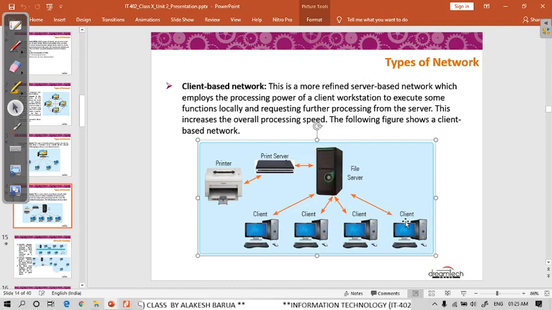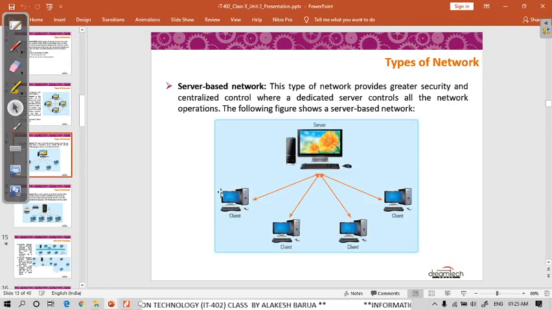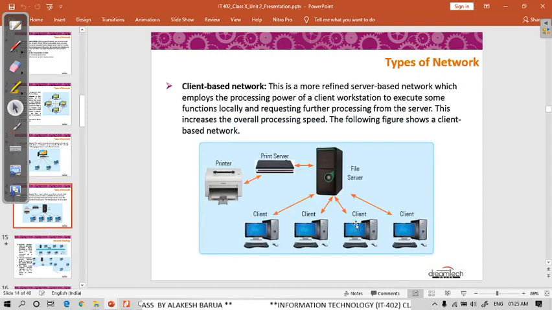If required, they can access the server and the resources that are connected to the server, but however they can operate on their own. Here in the main server-based network, they cannot operate on their own. The server has to dictate what the clients will do. So they can operate on their own, but they take the help of the server sometimes.